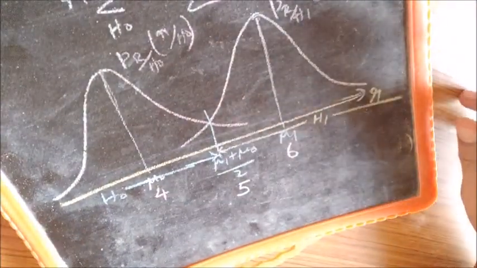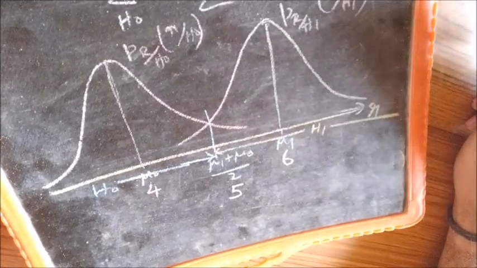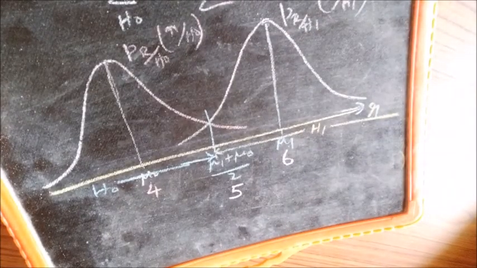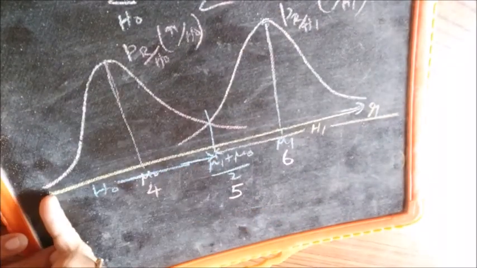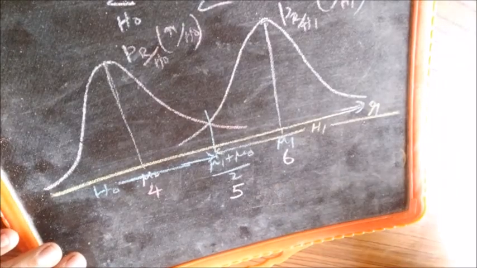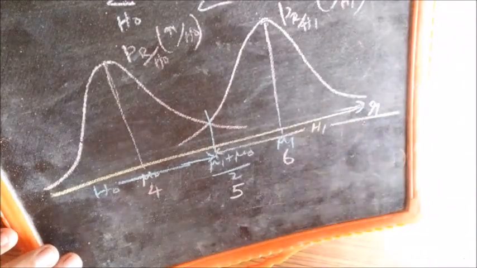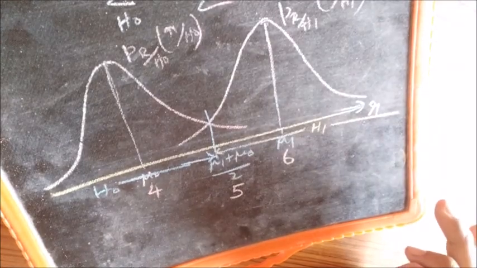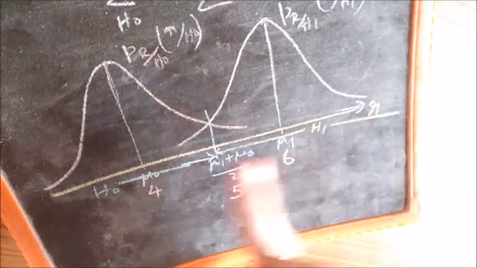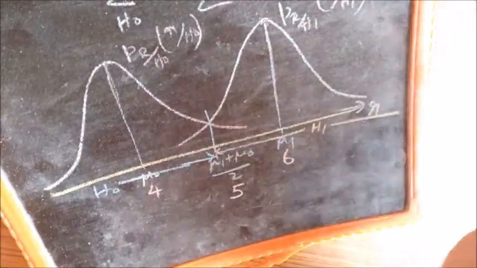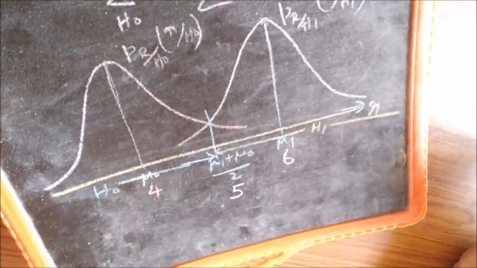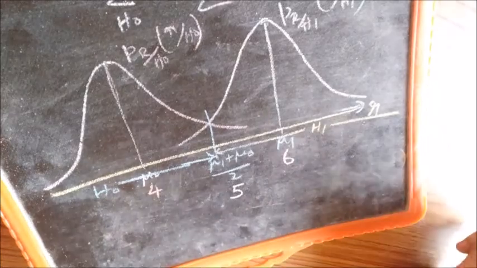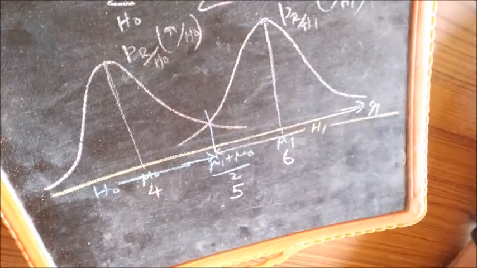You may be wrong, but most of the times you will be right. Similarly, if you receive 0.1, it is somewhere here and you declare H0 is the true hypothesis. Next you may receive 9, 5.3, 5.01, or 4.99. So accordingly you will take a decision depending on which side you are on. So this is how the decision rule works in this first simple example.